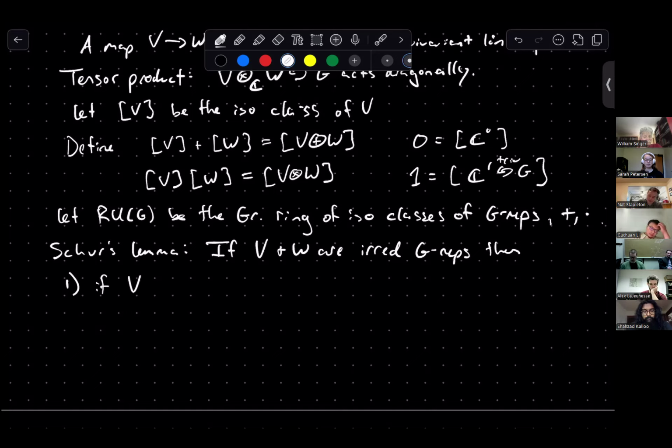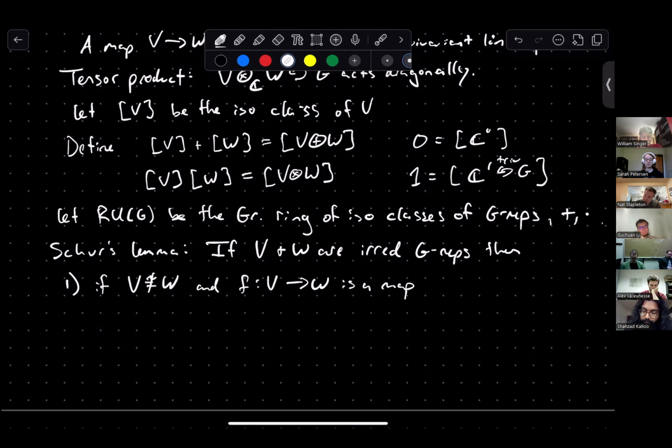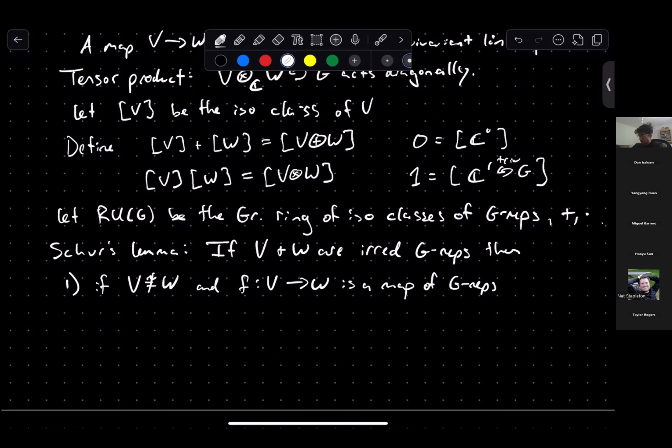If V is not isomorphic to W, and I have some map F from V to W of G representations, well, then F is the zero map.